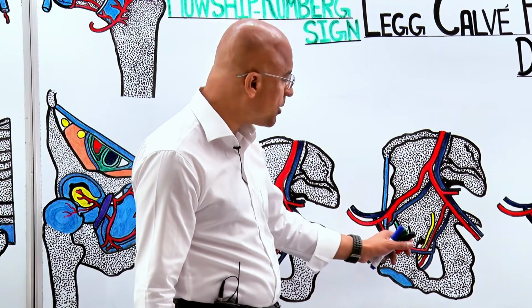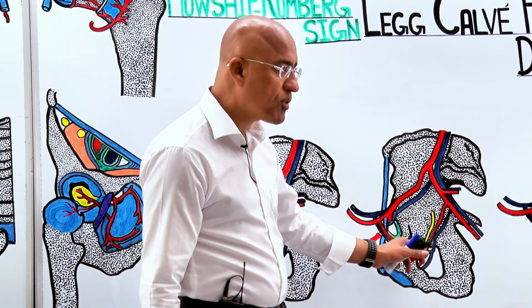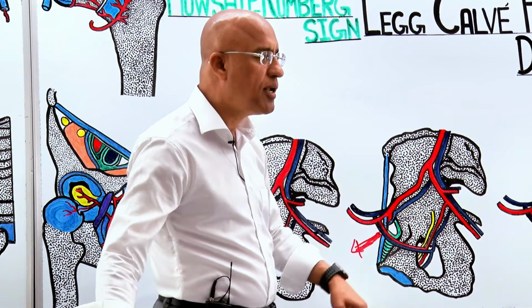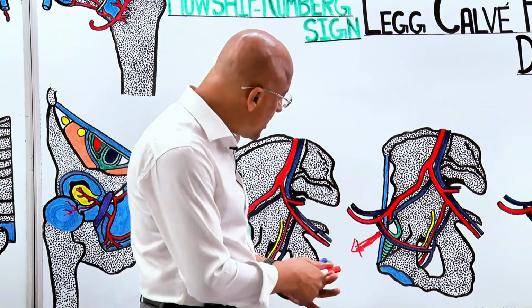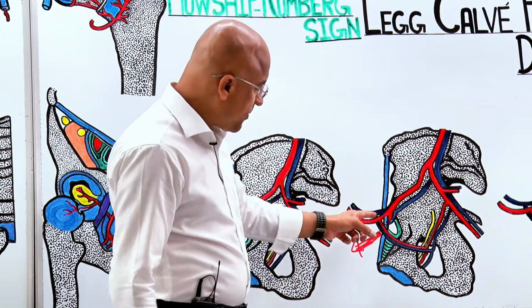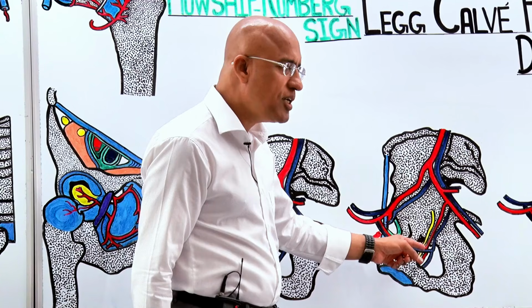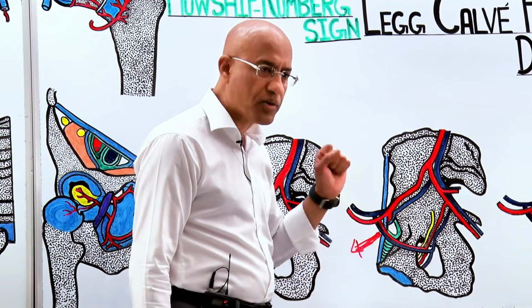Because it is headed towards the obturator foramen, and both of them can fuse or anastomose there and then exit through the foramen to the medial compartment of the thigh. Now, this should be called accessory obturator artery. This should be called accessory obturator artery.